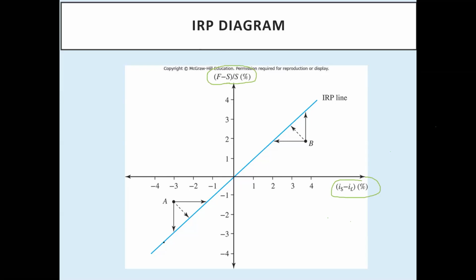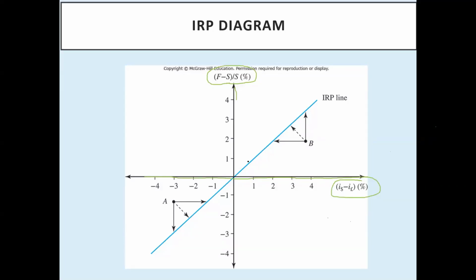If I illustrate the IRP on a line, it will look like this. This should be a 45-degree straight line. On the vertical axis, I'm looking at the difference between the two interest rates, so domestic minus foreign. On the horizontal axis, I'm looking at the differences between the forward rate and the spot rate, okay?